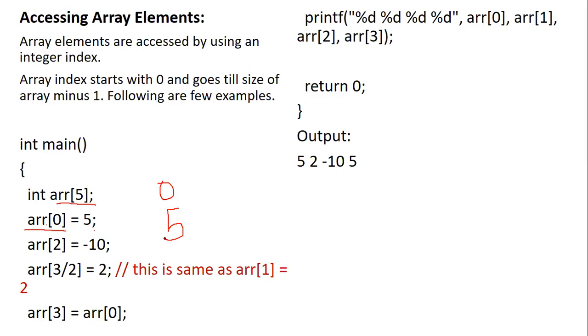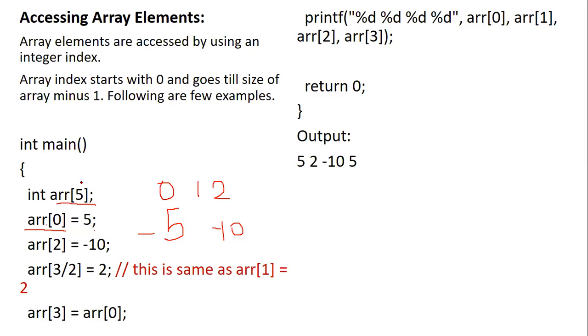Element at second, as it is given, it is the second element. That is the index with second element, it will be third. So the index with second is given as -10. Next is array of 3 by 2. Here 3 by 2 means 1.5, and an index is always a whole number.